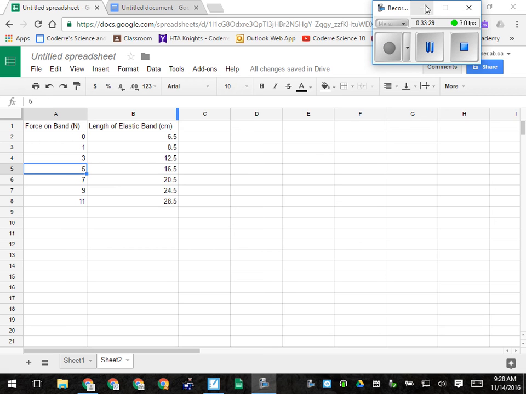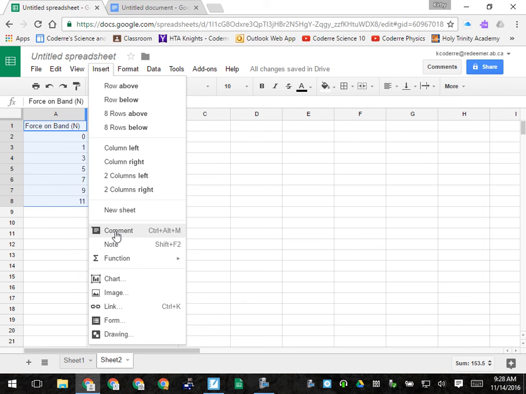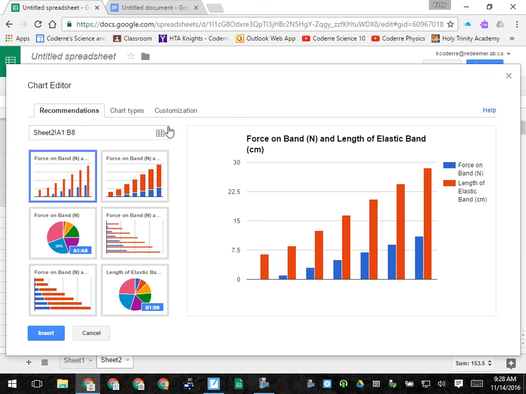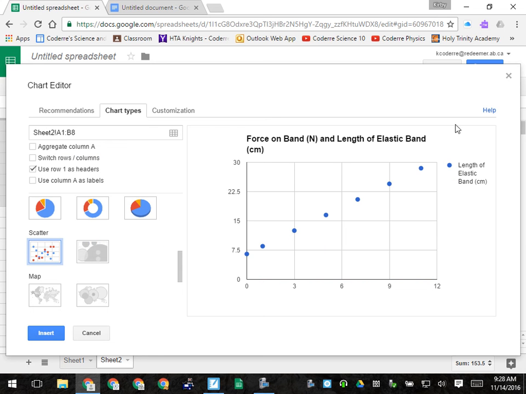Now that I've got my data entered, force is going to be on my x-axis and length is going to be on my y-axis. I highlight everything and click Insert. I go to Chart. I want a scatter plot, so I click Chart Types and go down to Scatter. Click on that, and I get this pattern, which is great.